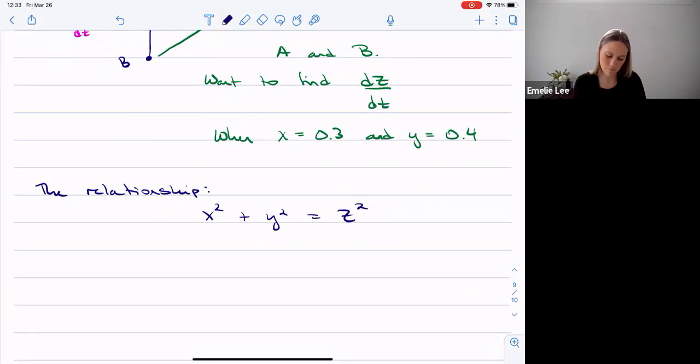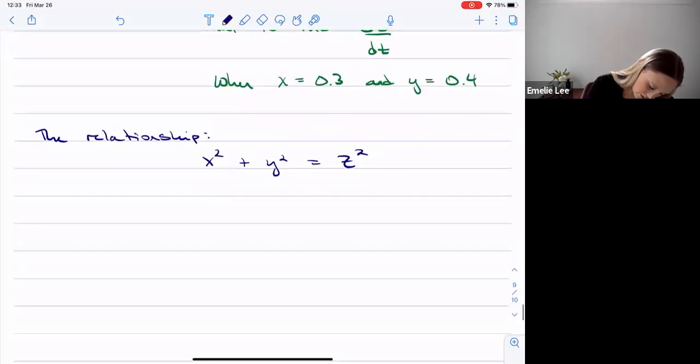Because I have dx/dt and dy/dt, and I want to find dz/dt, it makes sense to differentiate with respect to time here. So now I'm going to differentiate with respect to time.